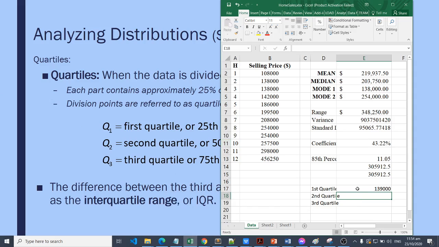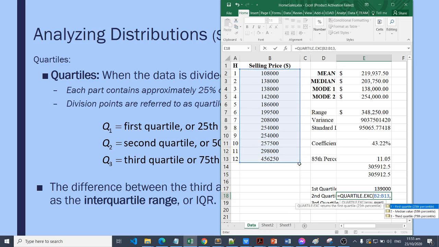And for the second quartile, we have here QUARTILE.EXC and the range of the data set, and choose 2 for the median.